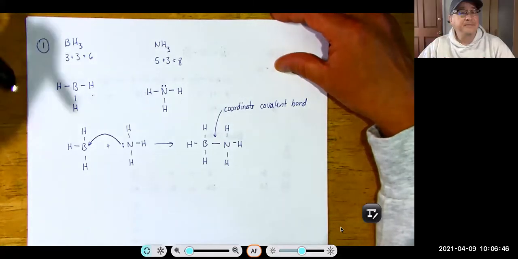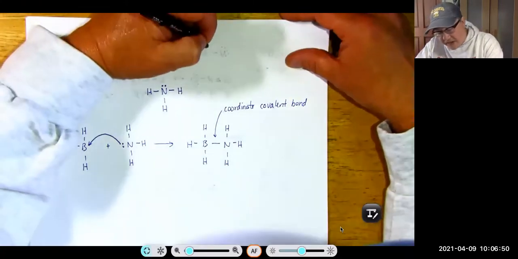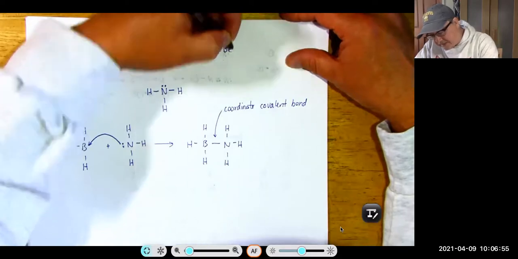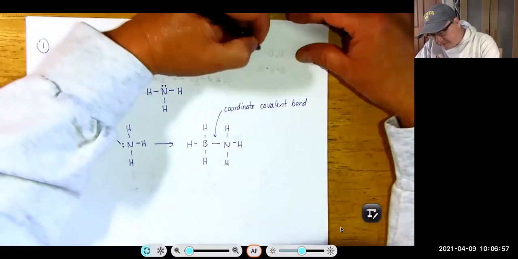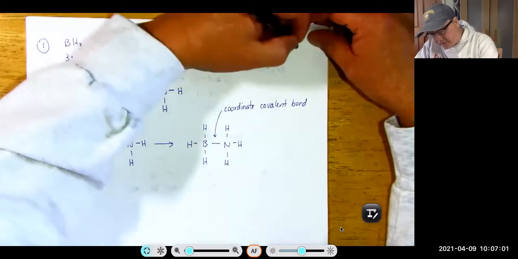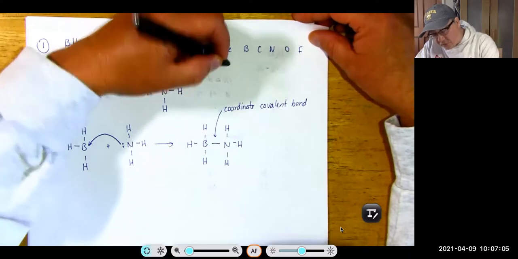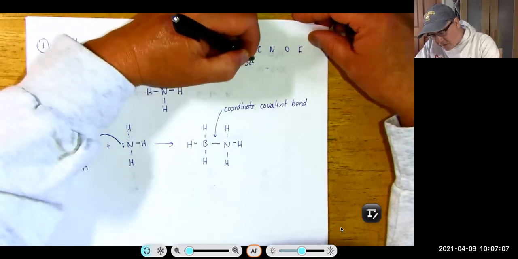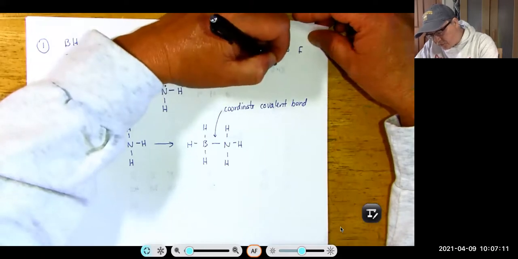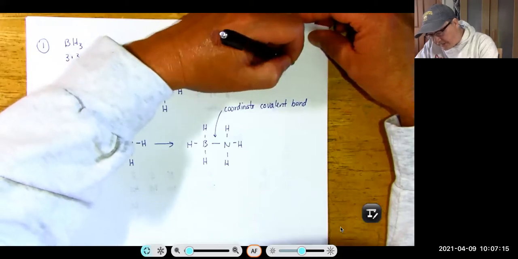So you may remember the chart I gave for how many bonds these atoms like to make. The number of bonds of lithium would be 1, beryllium would be 2, boron 3 or 4, carbon 4, nitrogen 3, 2 or 4, oxygen is 2 or 1 or 3, and fluorine is 1.